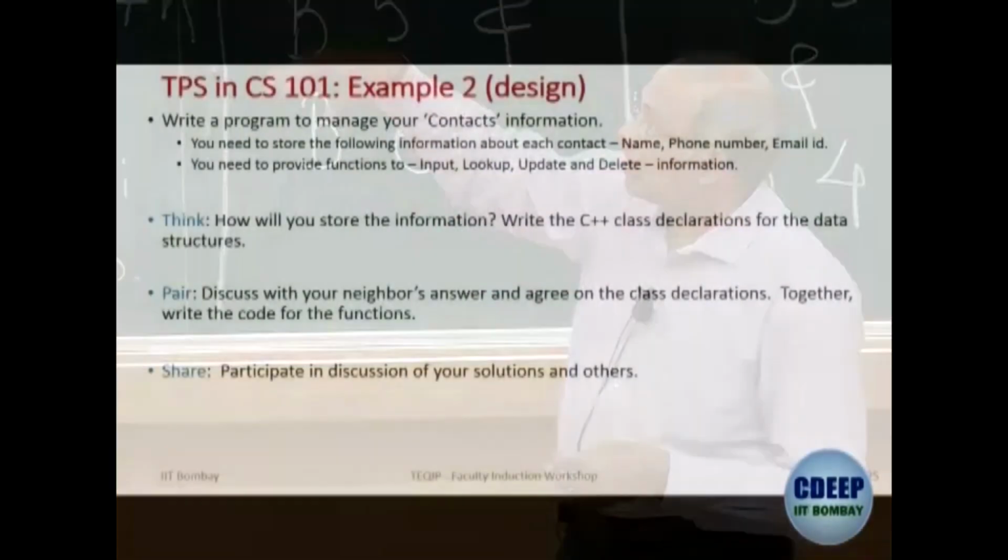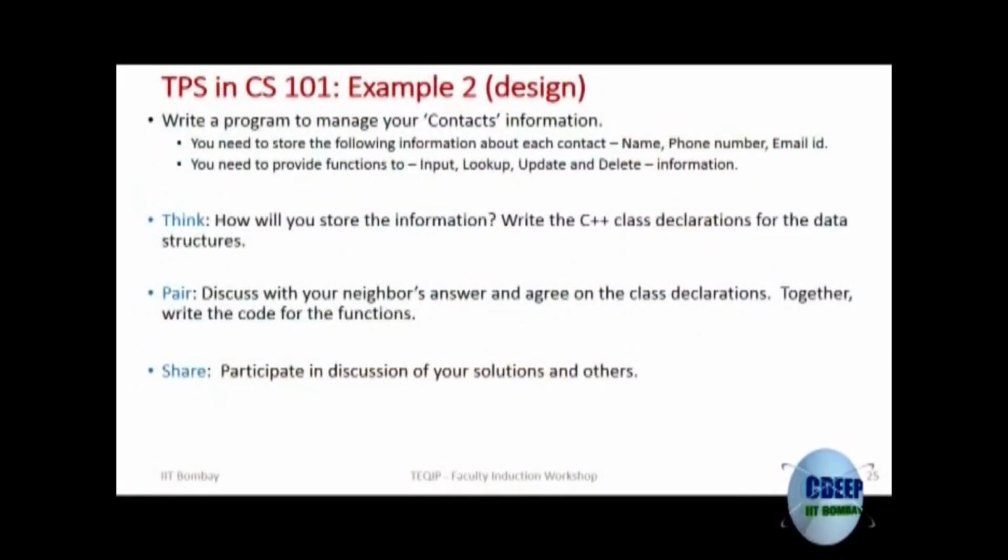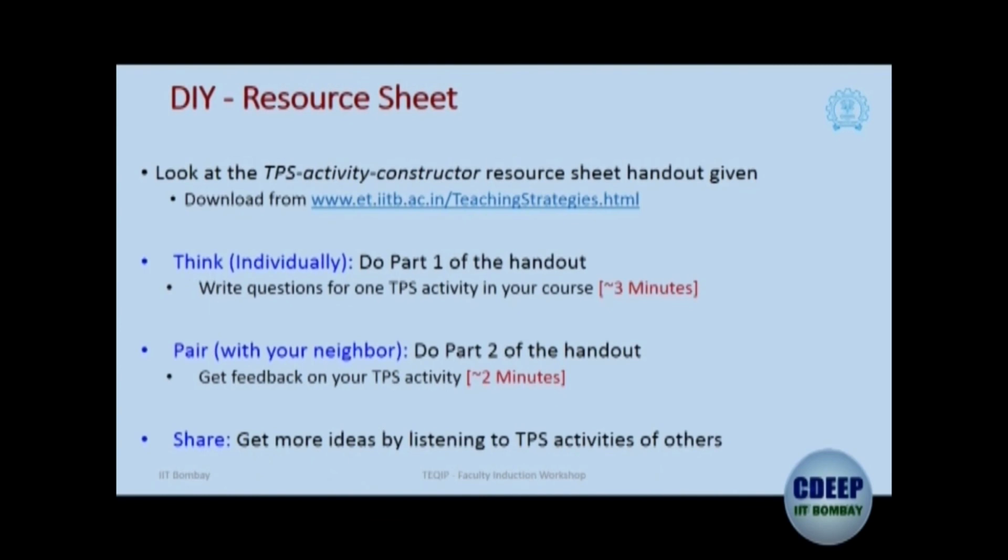So here is another example, where we are talking about designing software, and how you can use think, pair, share to design software. There is one activity that we can look at on our departmental website. Let me just show you.